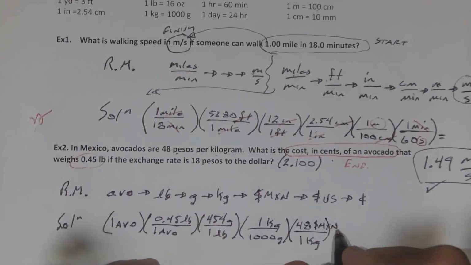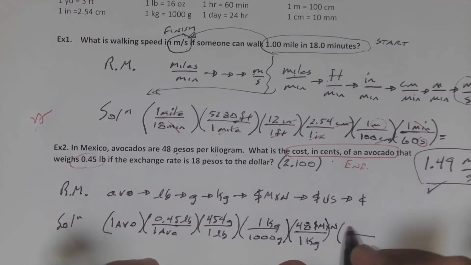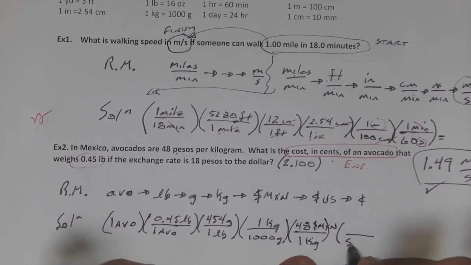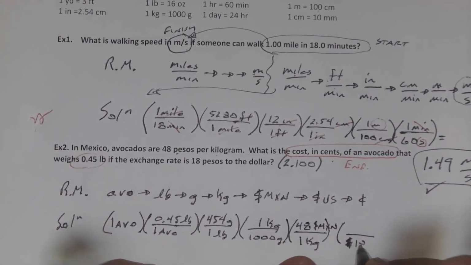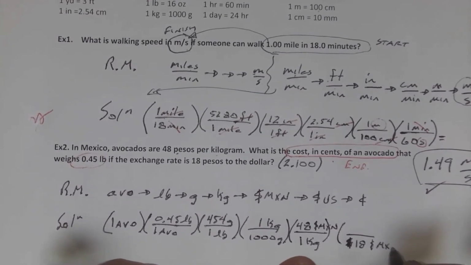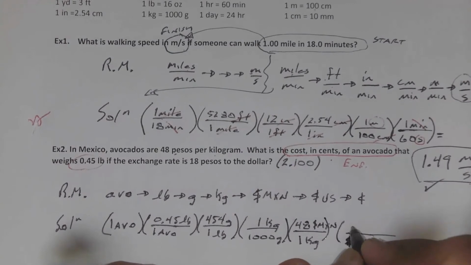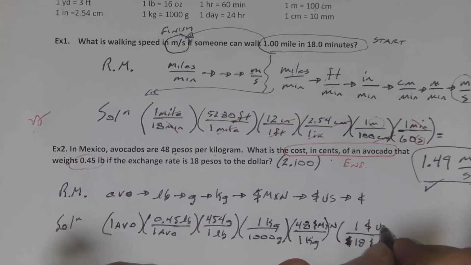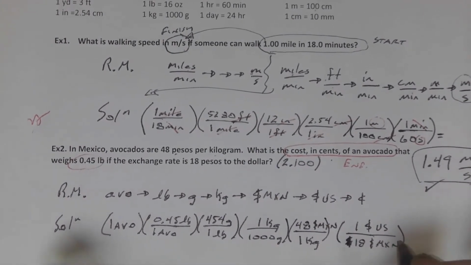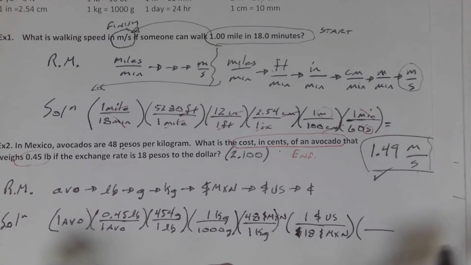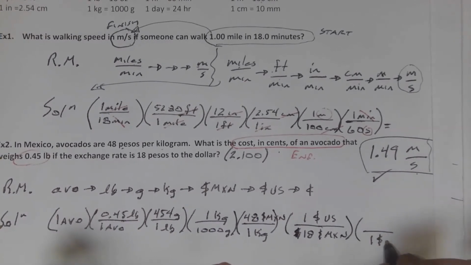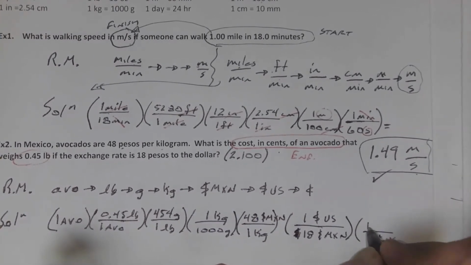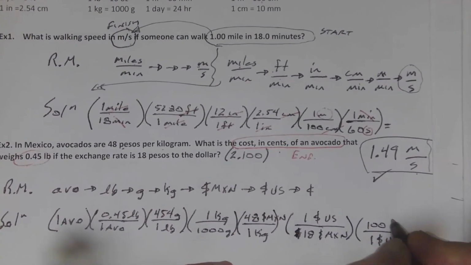I've got to give myself a little more space on these. And then to go from the Mexican peso, the conversion factor is given that there's 18 pesos in $1. And of course, in $1, there is 100 cents.